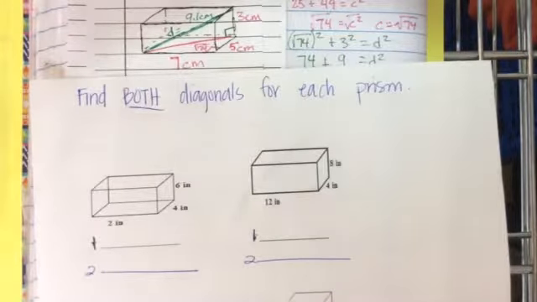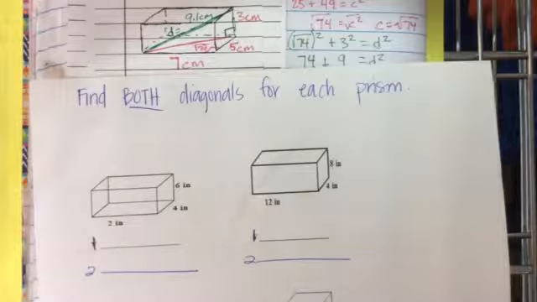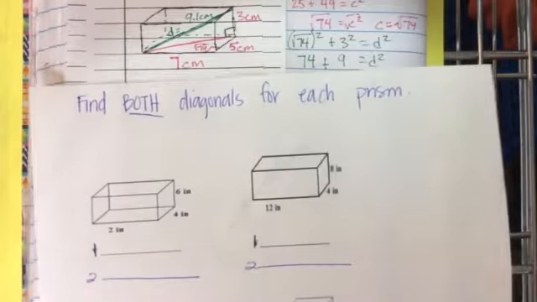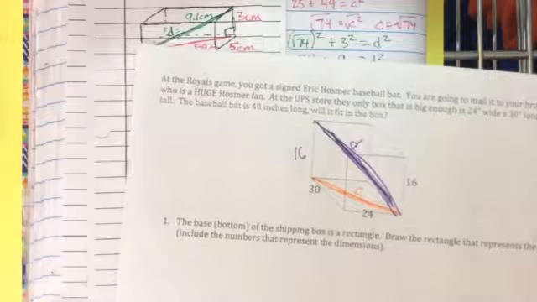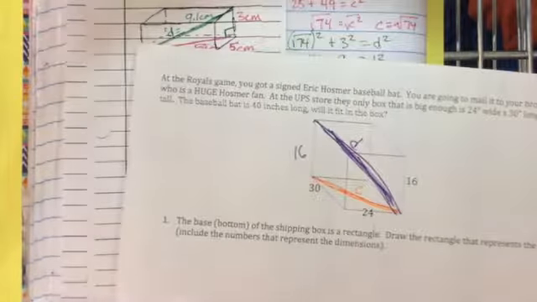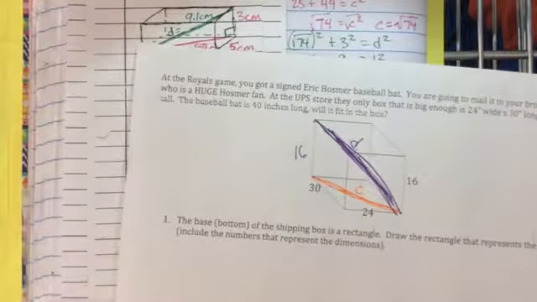So find our C and find our D. So for our C's, I said keep it as a radical, but for our D's, round to the nearest 10th. So for C's, keep it as a radical, because that'll make it simpler to square. But for our D's, I need a decimal value.